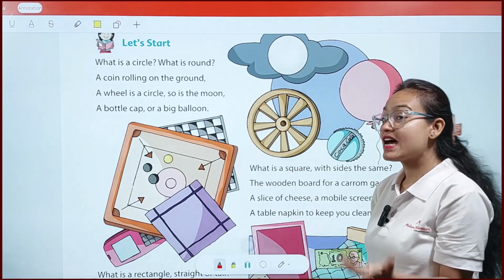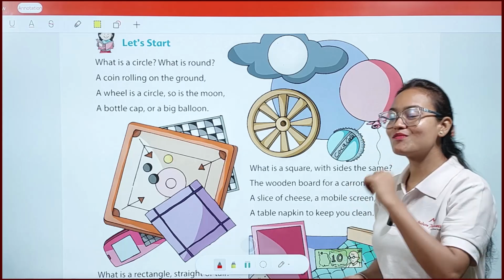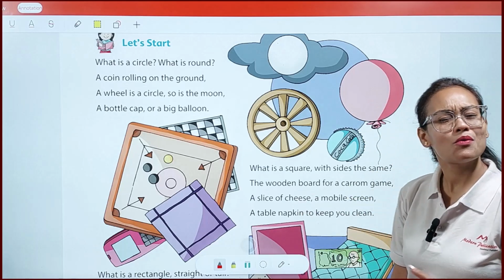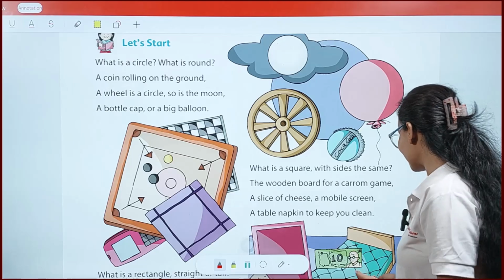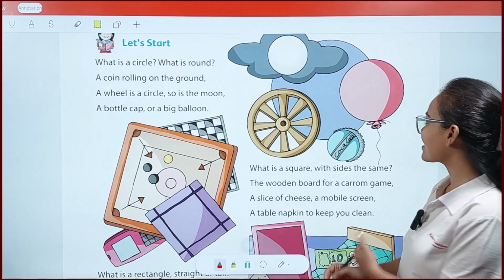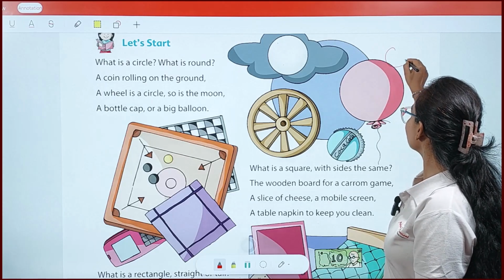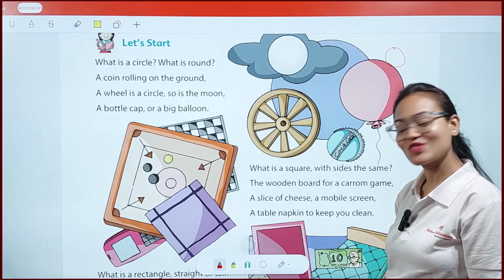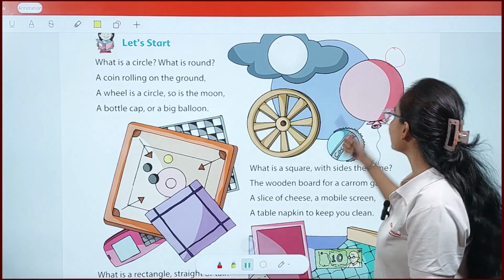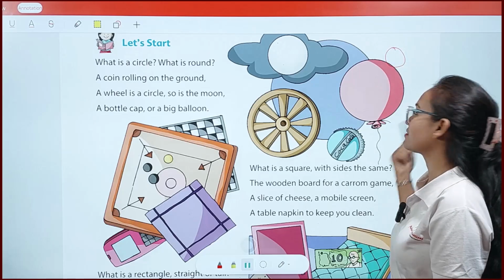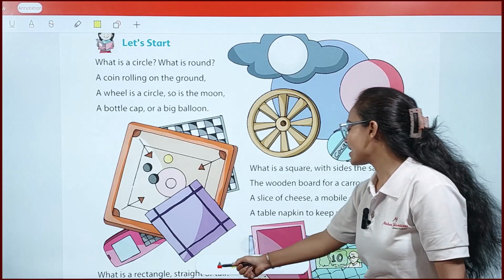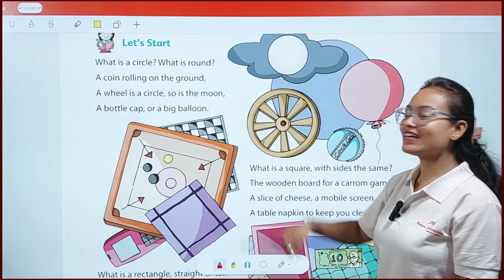Now after circle comes the turn of square. What is the meaning of a square? Okay, let me show you. Circle means anything having a round shape. On the other hand, square.